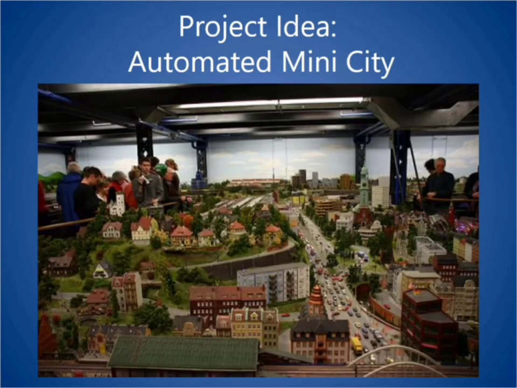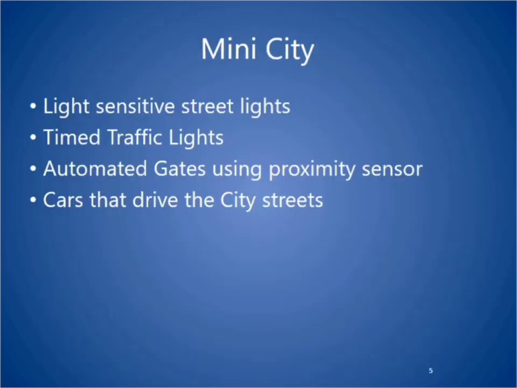What we have seen in our previous video is that we can make different projects with the help of Arduino, even an automated mini city. So what things are required for building any mini city? We can see there can be light sensitive street lights, timed traffic lights, automated gates using proximity sensors, and cars that drive the city streets.